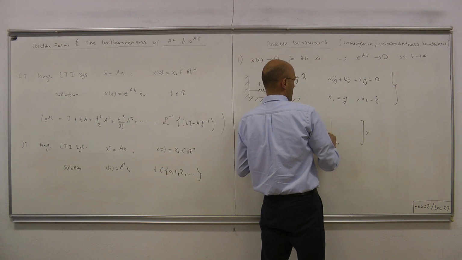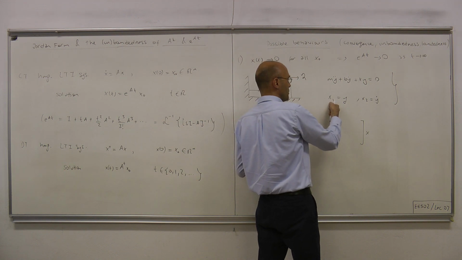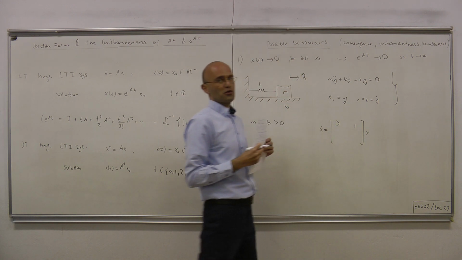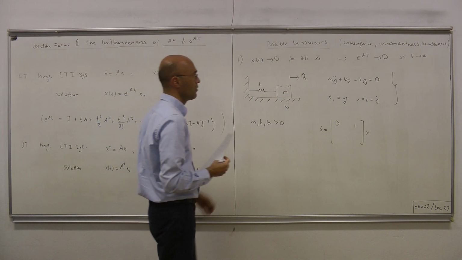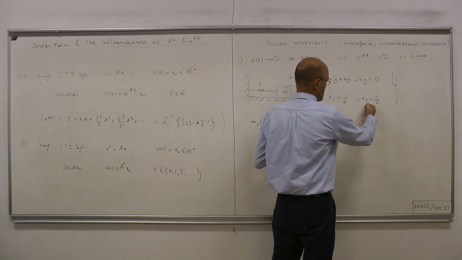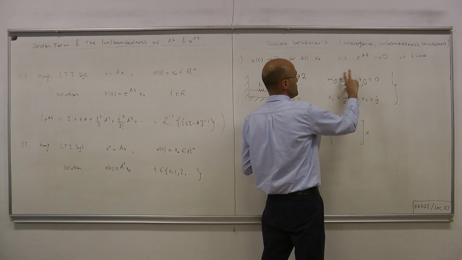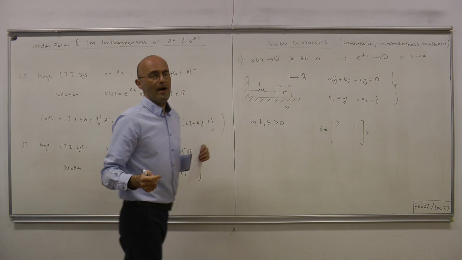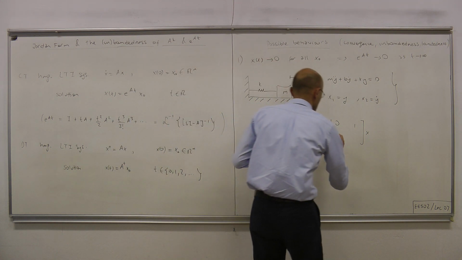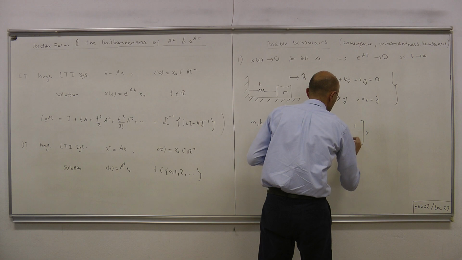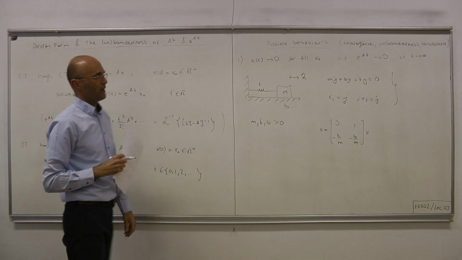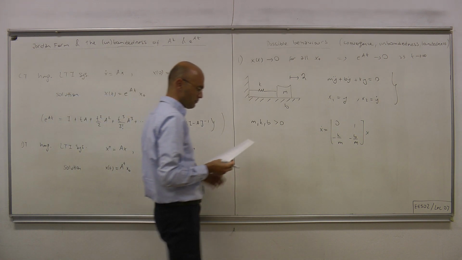For the first row, we look at the x1 dot equation. x1 dot, that is y dot, is x2, therefore that's the first row of the A matrix. For the second row, x2 dot is y double dot, so we throw these terms to the other side and divide everything by m. In that case, we have minus k over m here and minus b over m for that entry. So that's our A matrix.